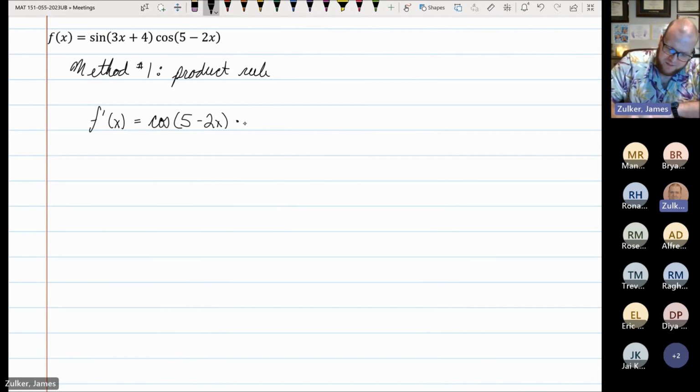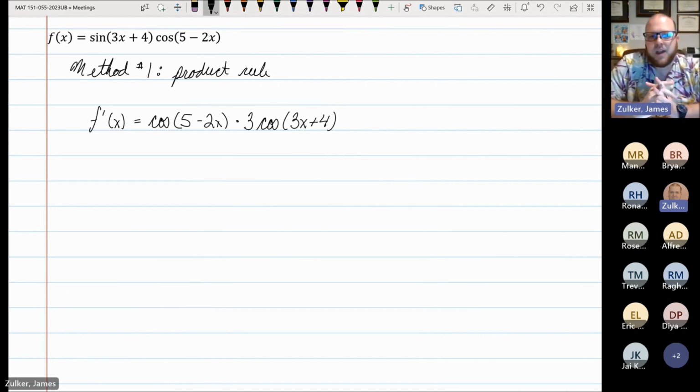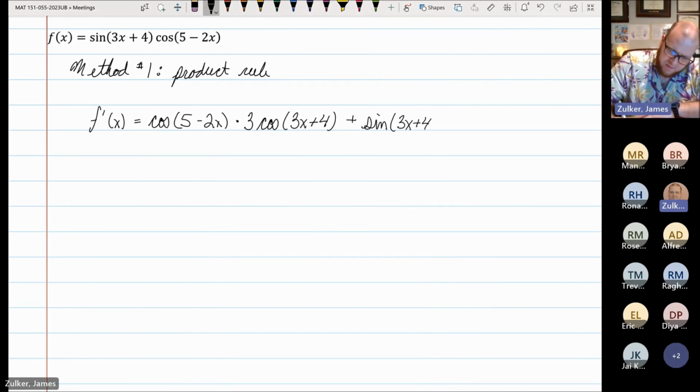It's u prime times cosine of u, plus the first function times the derivative of the second function, negative u prime sine of u.